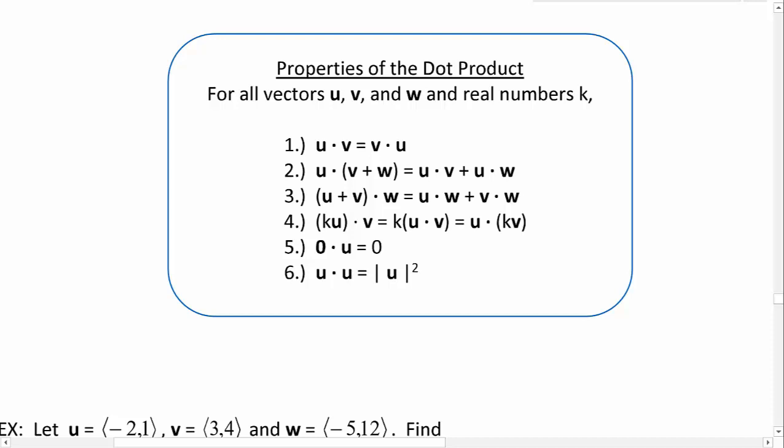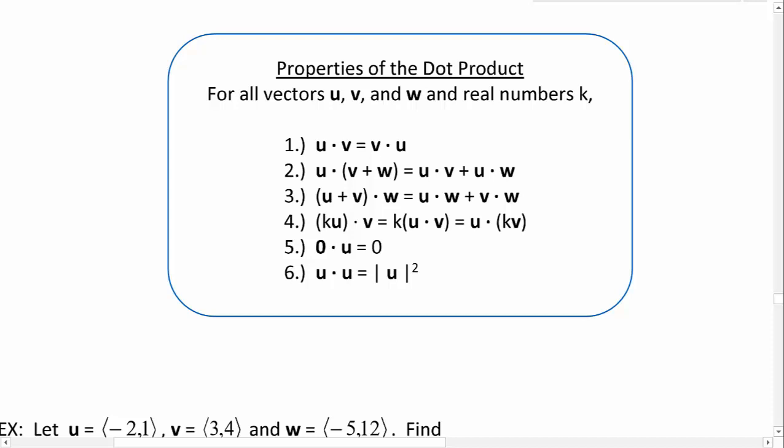And then property number 3 is pretty much the same thing as property number 2. We're just distributing from the backside. So vectors u plus v dotted with w is the same as u dot w plus v dot w. But again, personally, I'd probably add the vectors together first and then dot it.